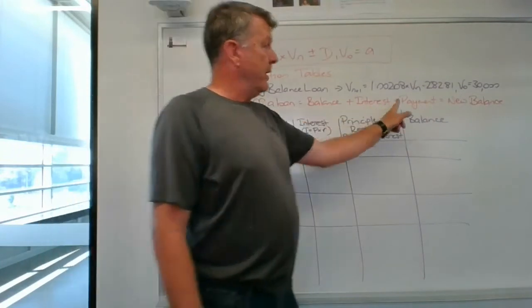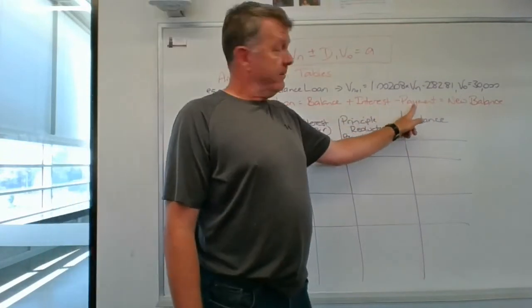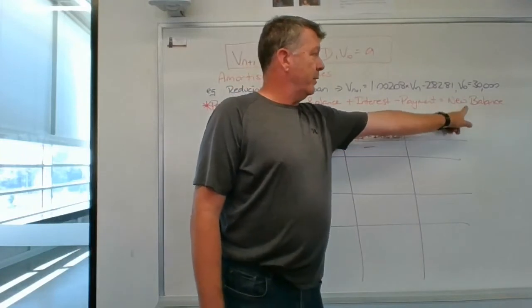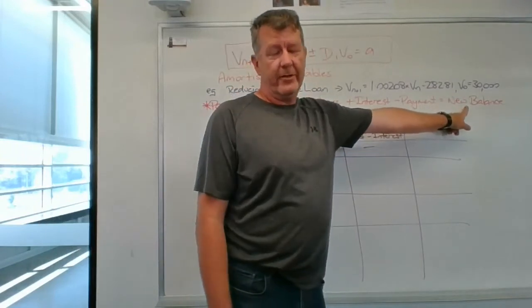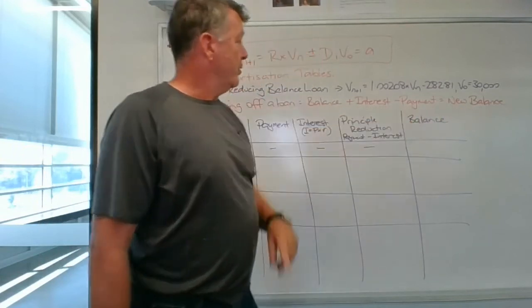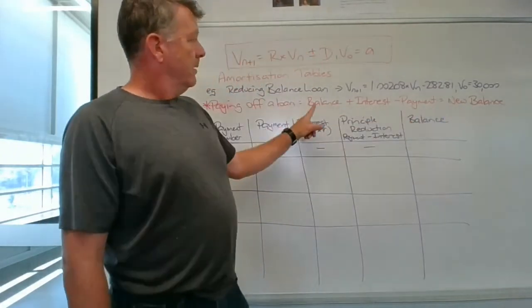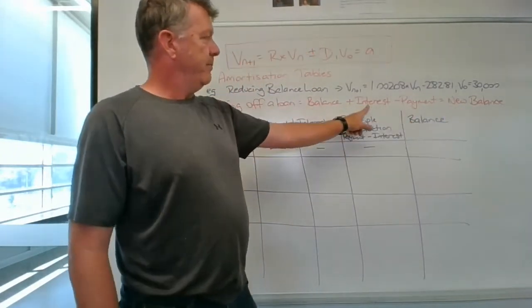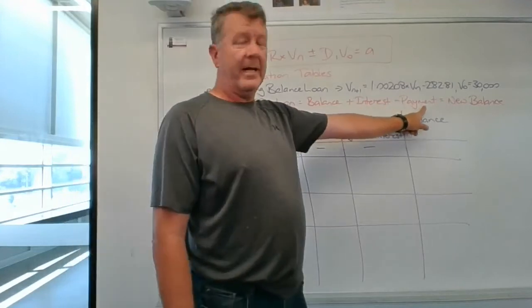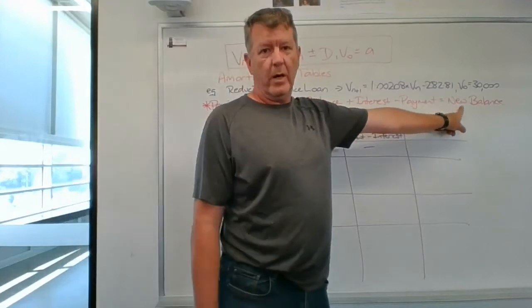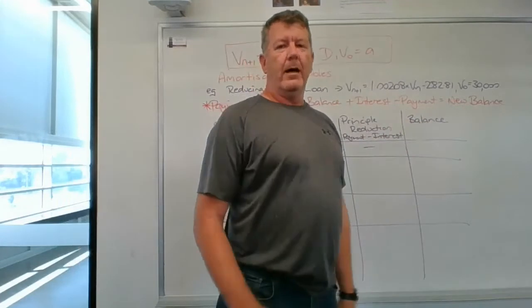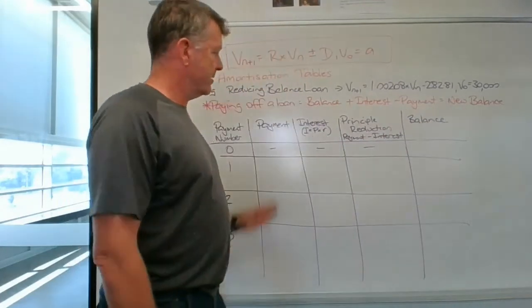You have to then pay back a certain amount and you end up with a new balance. Sorry, dad joke, can't help it. So the process: balance, bank adds interest, you make a payment, and it gives you what's left that you owe.